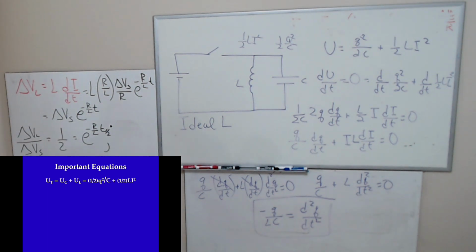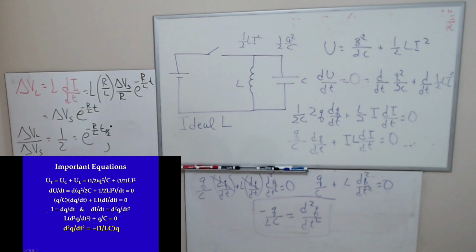I'm not sure why everything's blurry. I apologize for that. So now we have an equation for Q, and the goal is to solve for Q.